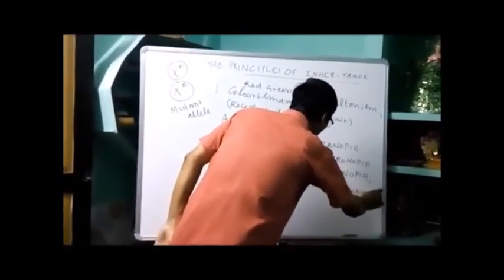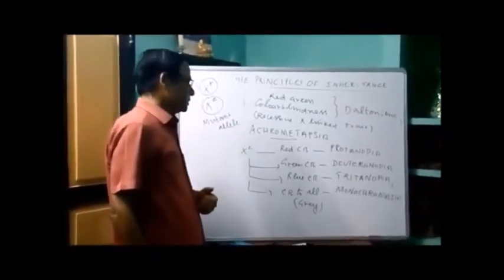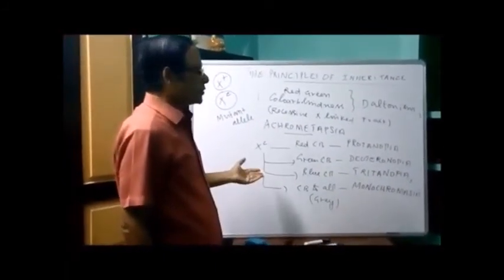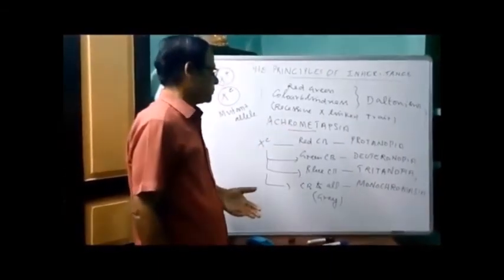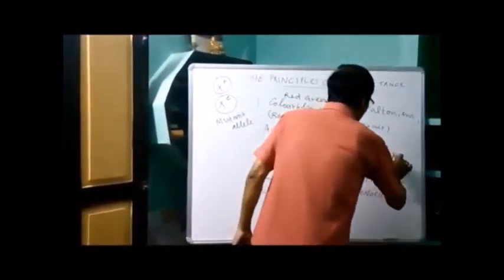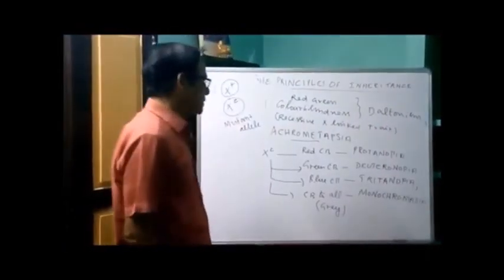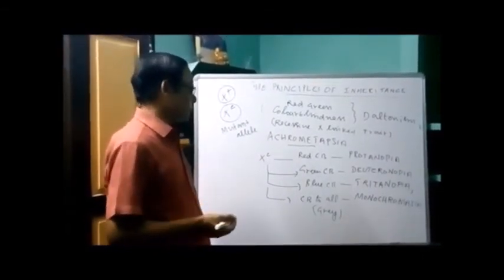So, because of the presence of the recessive gene, some persons are unable to produce red pigment, so they are red color blind, a condition called protanopia. Some people are unable to produce green pigment, so they cannot perceive green color, deuteranopia.